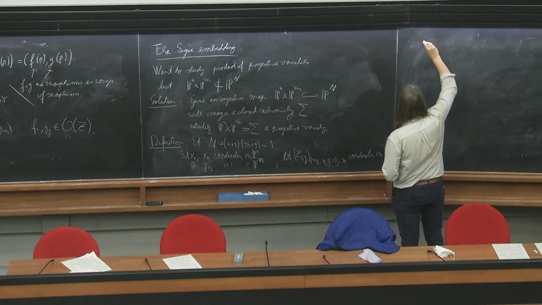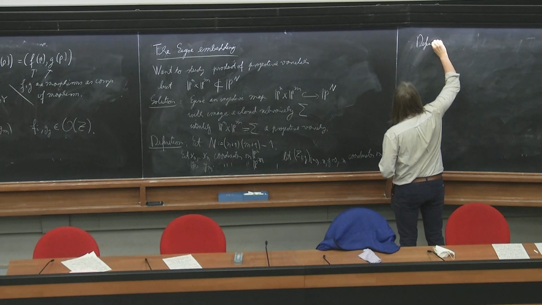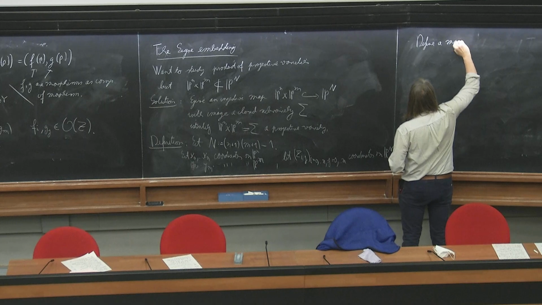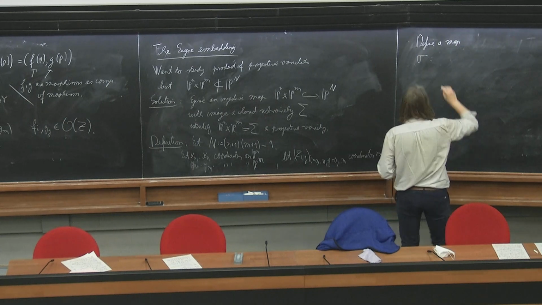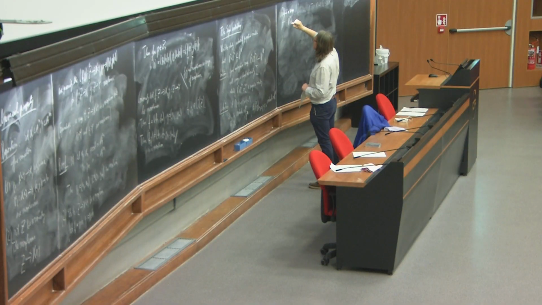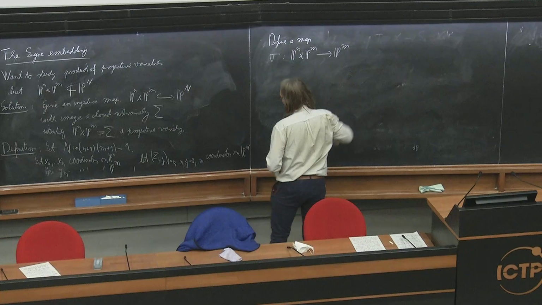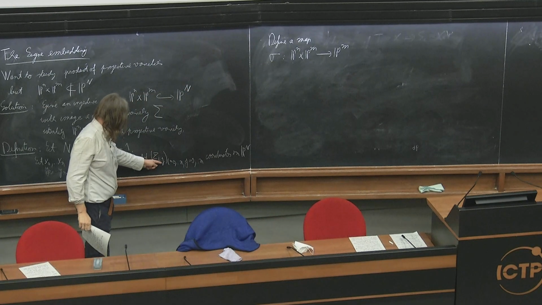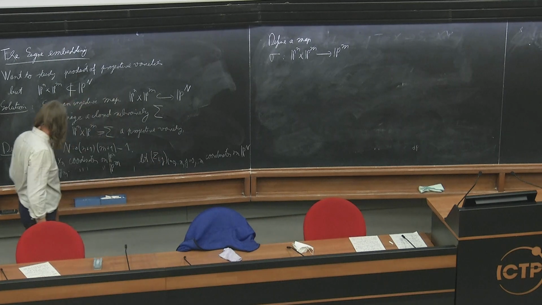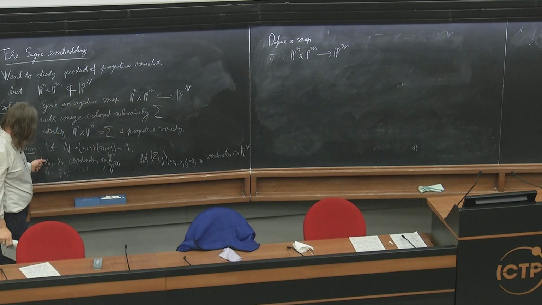So now we want to define this map, which I call sigma, from Pn times Pm to PN. And so you see a homogeneous coordinate here corresponds to a pair, one coordinate from here and one coordinate from there.